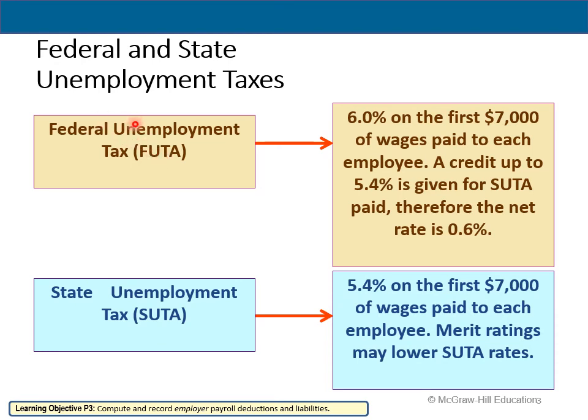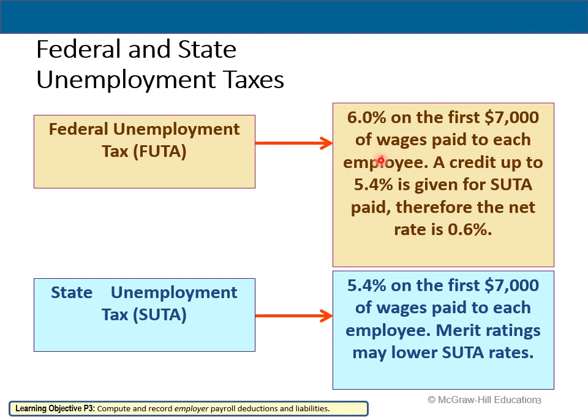This is the general breakdown of federal unemployment, which we'll refer to as FUTA, Federal Unemployment Tax Act. 6% on the first $7,000 of wages paid to each employee, right? And that's the tax. But the reality is that some employers lay employees off regularly and other employers don't.